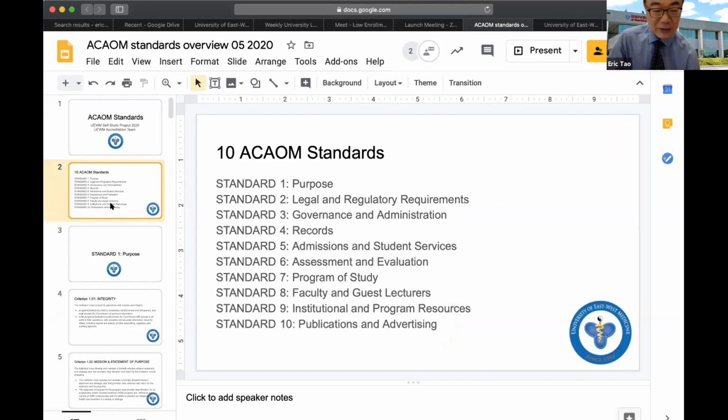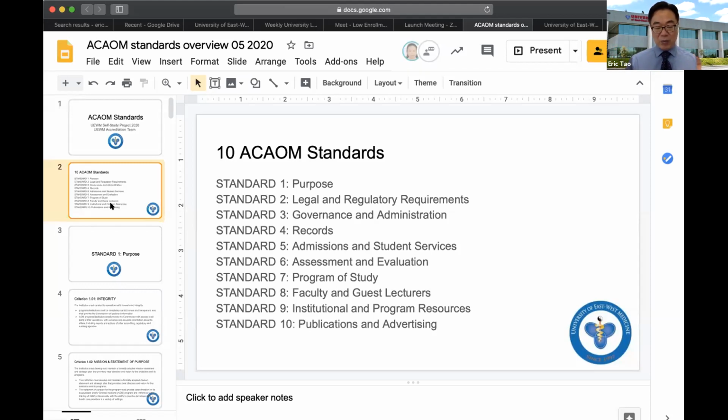And number four is records. How do we keep records? Number five is how do we process admission and provide student services? Number six is how do we assess? That means how do we test students and how do we evaluate student performance? Number seven is how do we design and approve the program of study?